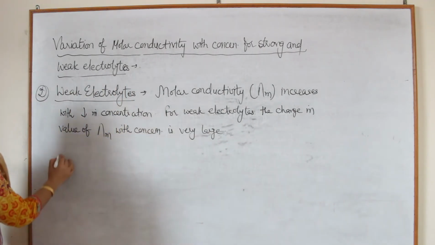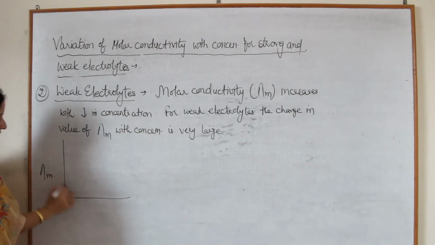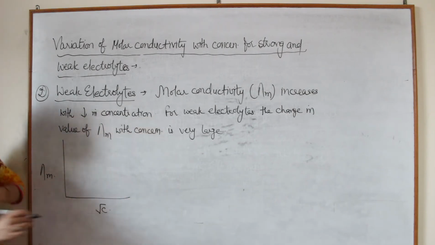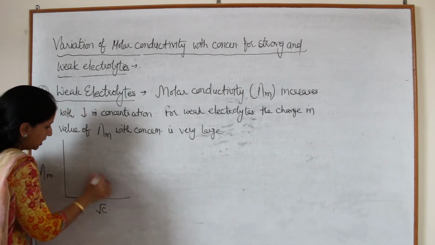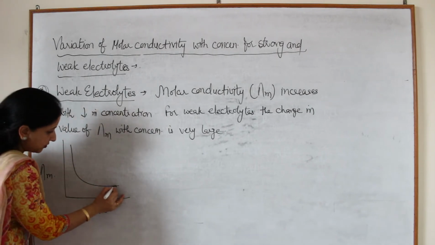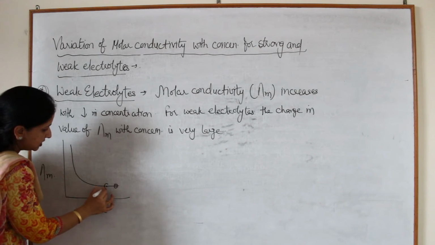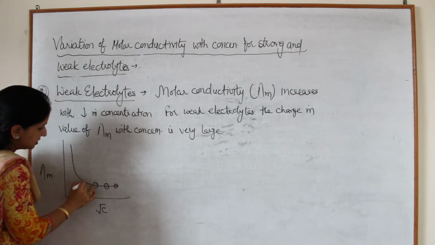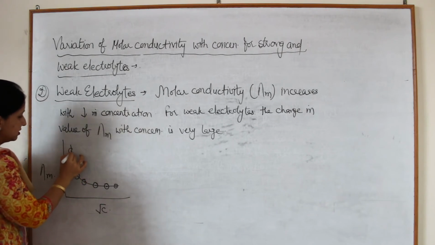Okay, so graphically it is represented as again lambda m and square root of concentration. If we plot a graph for any weak electrolyte, the graph is like this one. Means if we are decreasing the concentration, it increases immediately.